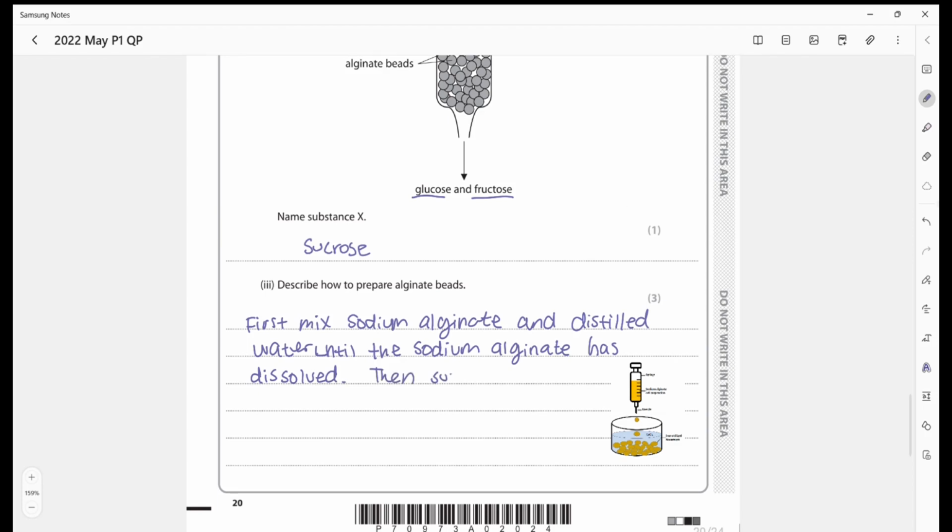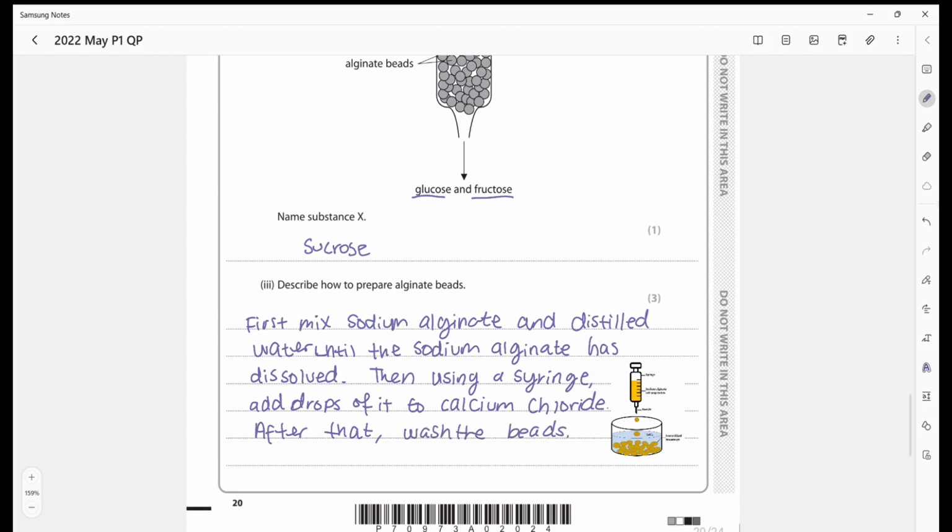Then using a syringe, add drops to calcium chloride. After that, wash the beads.